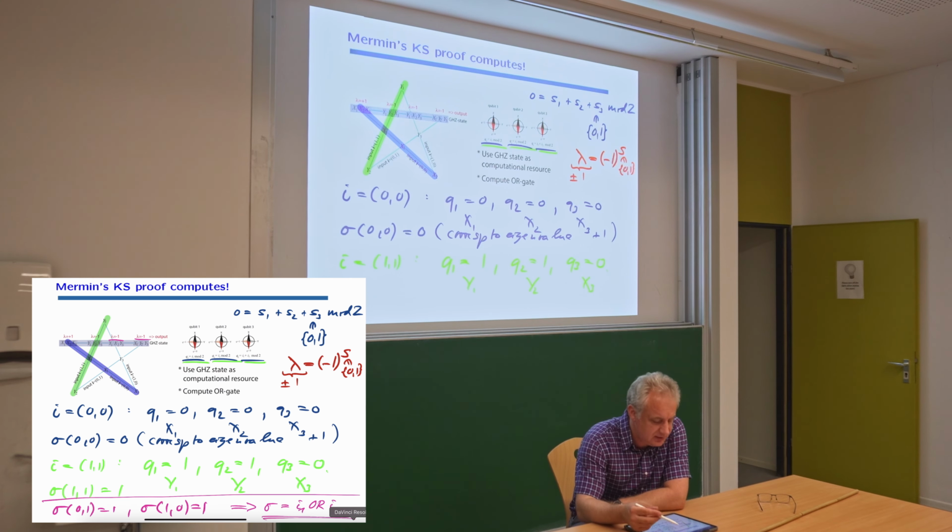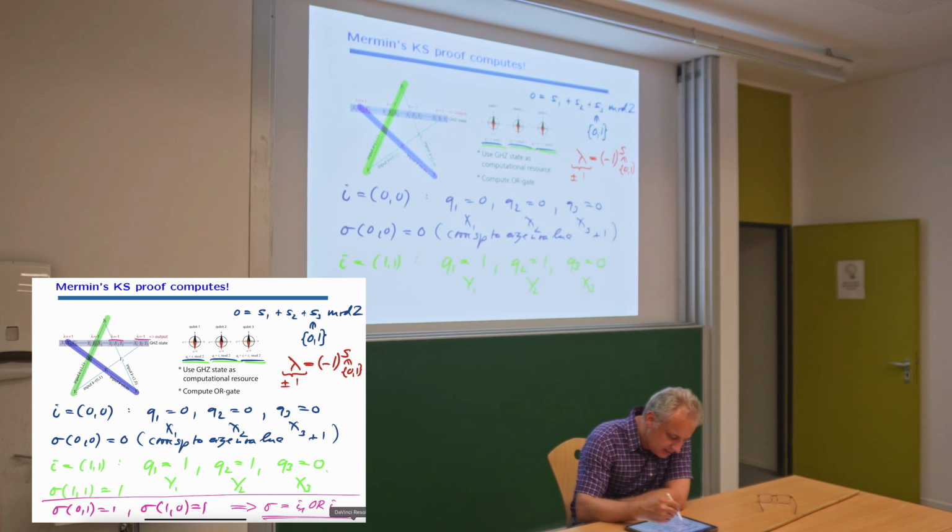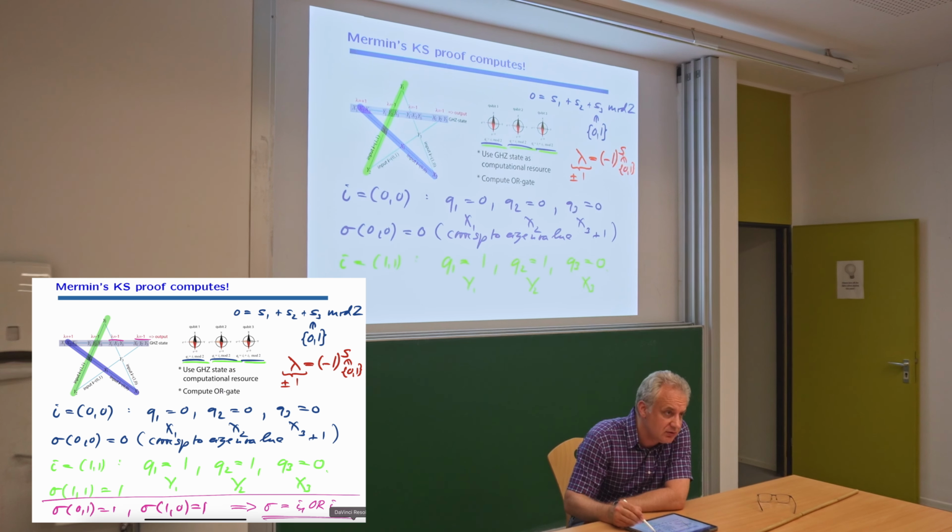And so now the reasoning is the same as before. These 3 observables, for which we get individually random outcomes, multiply to that observable, which has a definite value of -1. And eigenvalue -1 in terms of the s's means s equals 1.